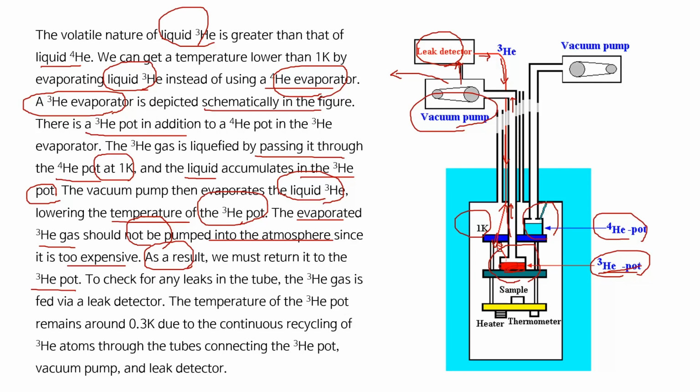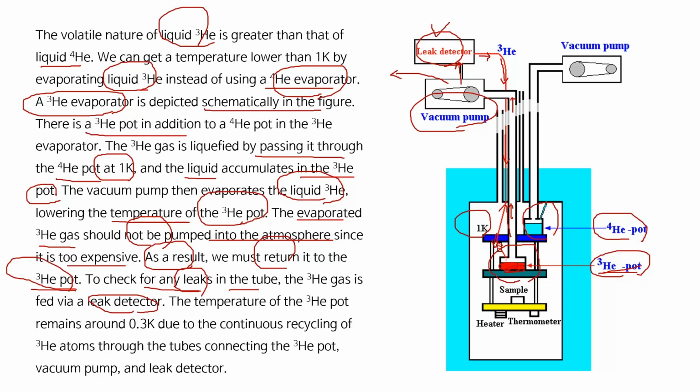So we must return it to the helium-3 pot. To check for any leaks in the pipe, helium-3 gas is fed via the leak detector. So the leak detector is here.